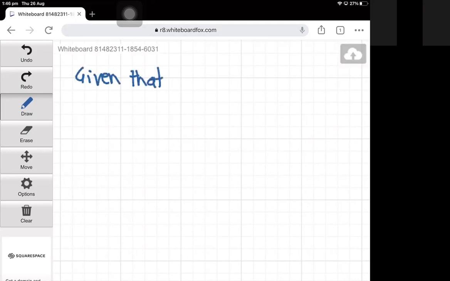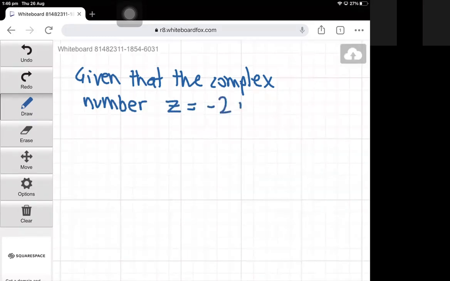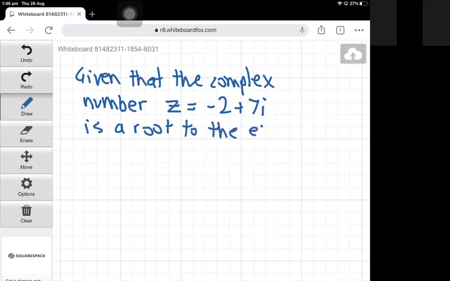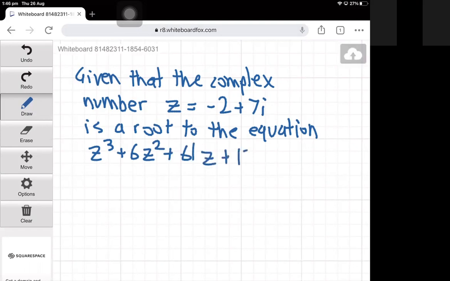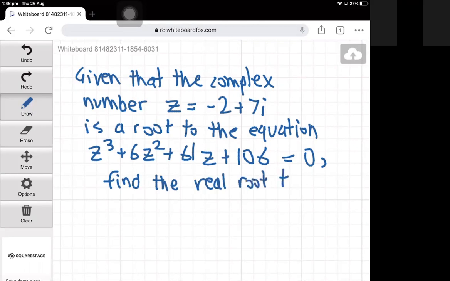Given that the complex polynomial, a complex number z equals -2 plus 7i is a root to the equation z cubed plus 6z squared plus 61z plus 106 equals 0. Find the real root to the equation.